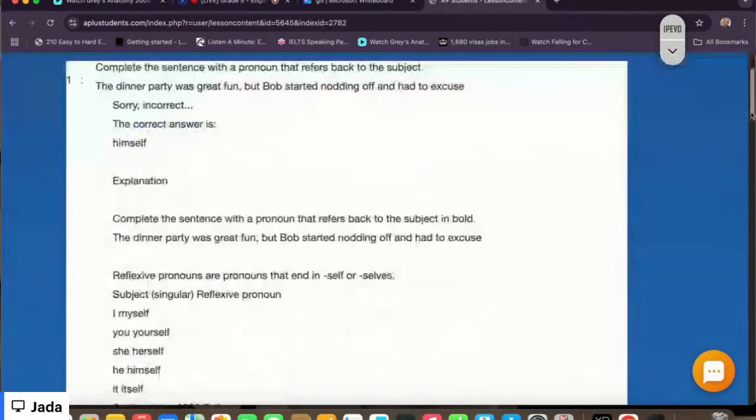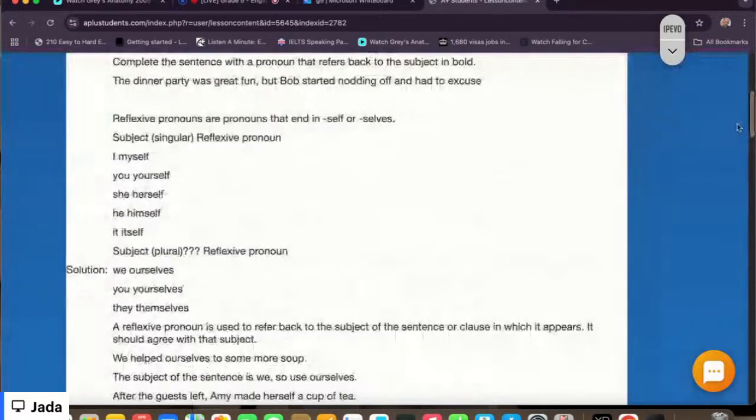So we already know basically the reflexive pronoun, how they must agree with each other and how they need to go together. I, myself, you, yourself, she, herself, it, itself, he, himself. That's for the singular. And then we have the plural, we, ourselves, you, yourselves, they, themselves. So they go together. There must be an agreement between both of them.